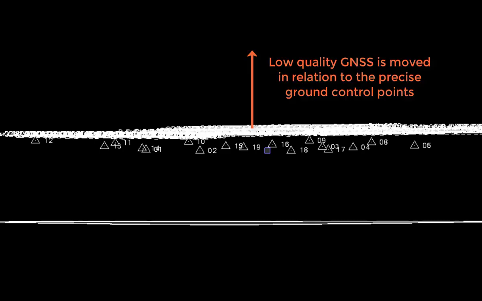Therefore, what we allow now is this: when your GNSS has a high quality, we normally assume it is centimeter accurate, and then we do not allow shifting the GNSS. But in our case, the GNSS has a low quality. That means the data is in general only 3 to 10 meters correct in position.